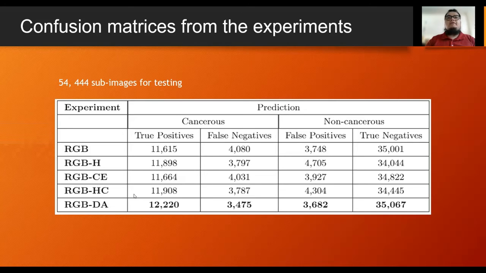Here in the table, you can see the confusion matrices, in which we demonstrate that we obtain the best results as we decrease the false negatives and false positives. Those are the worst values, and the best values are the true positives and the true negatives.